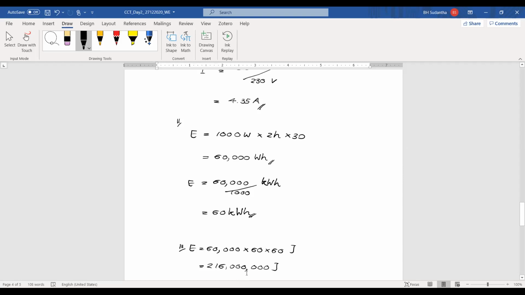That's why we are converting into watt hours. Here also you can see 60,000 watt hours is there. That's why we are converting these watt hours into kilowatt hours. Then it will be a small figure.